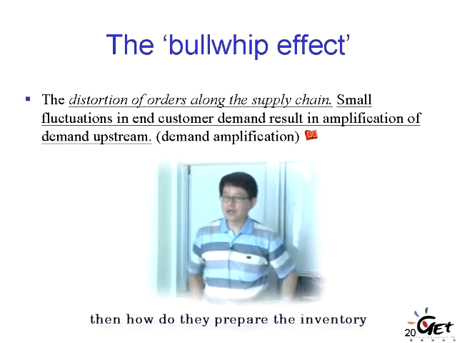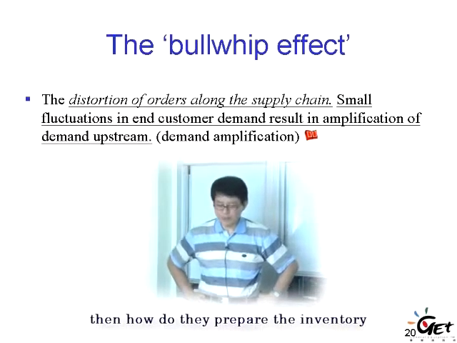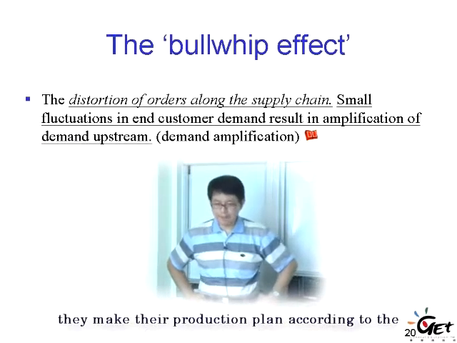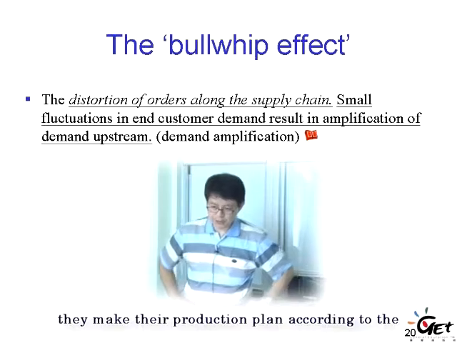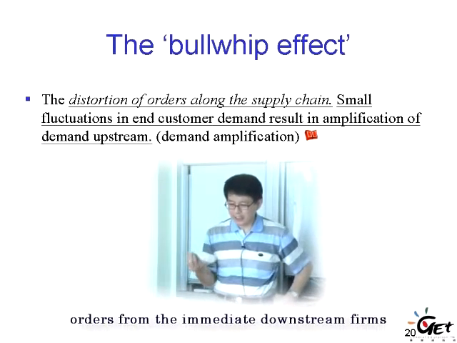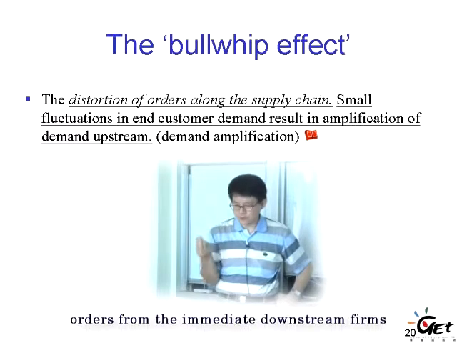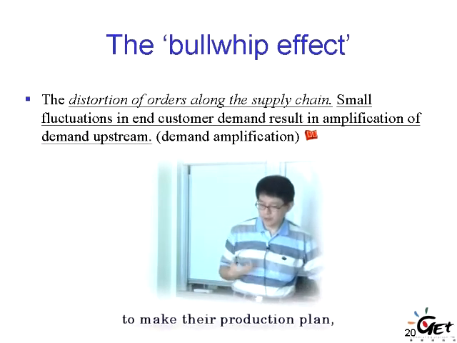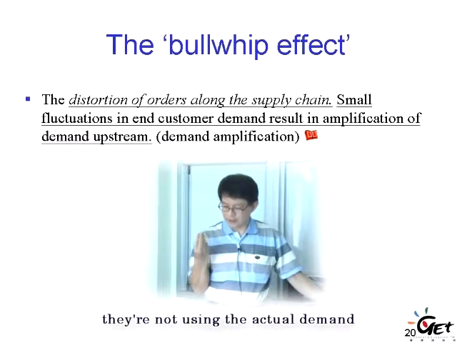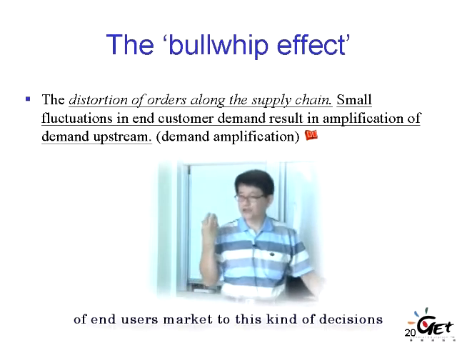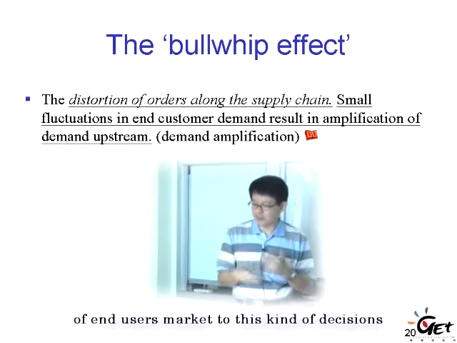Then how do they prepare their inventory? They make their production plans according to the orders from their immediate downstream firms. They base their production plan on that. They are not using the actual demand of the end-user market to make these decisions.